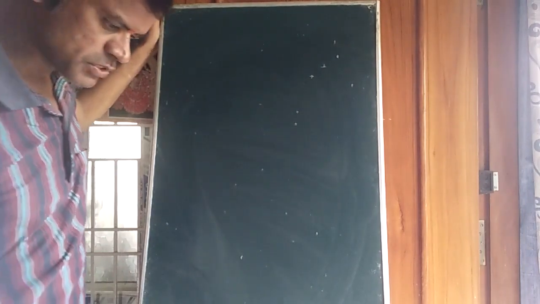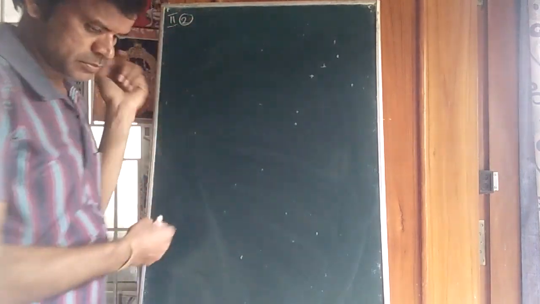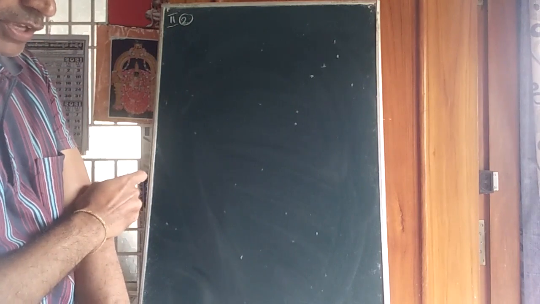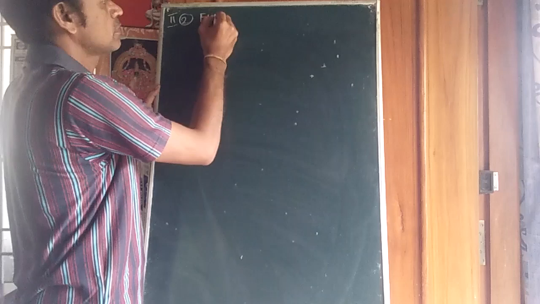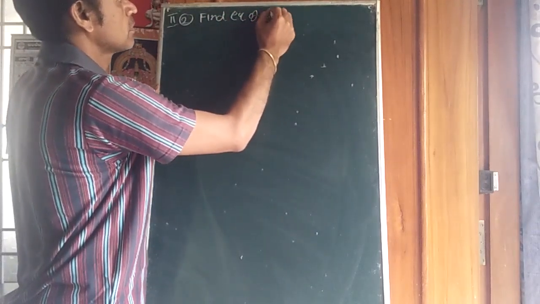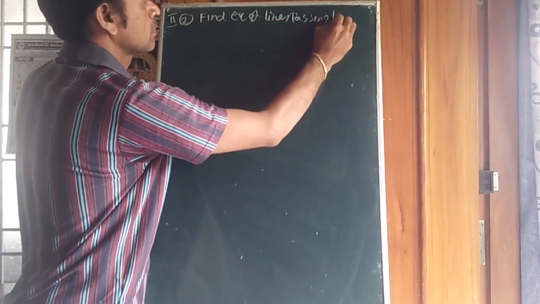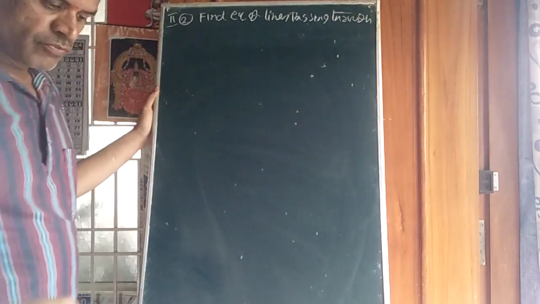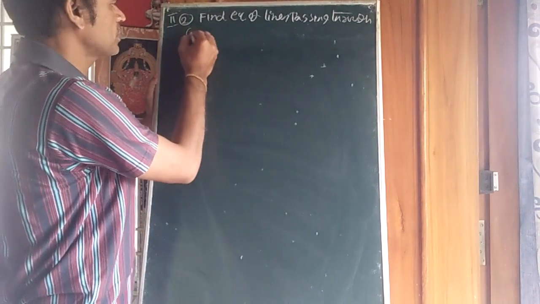Next, let us discuss the second question, Roman number 2. Find the equation of line passing through the points and also find the area of the triangle with the axes of coordinates. Find the equation of line passing through minus 1 comma 2 and 5 comma minus 1.